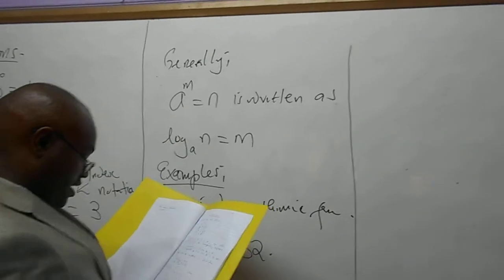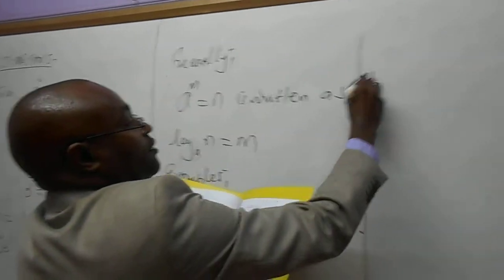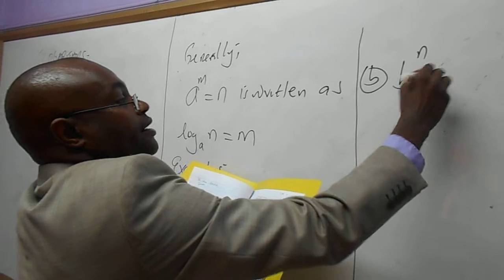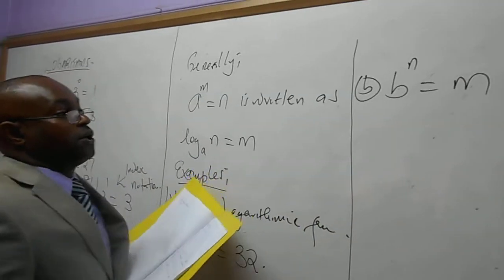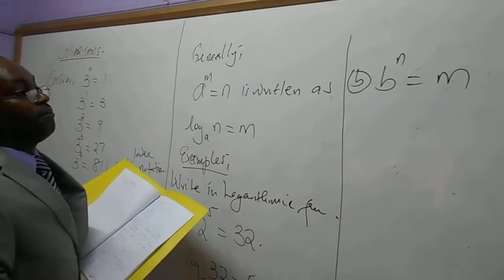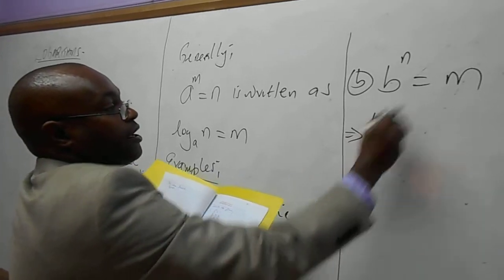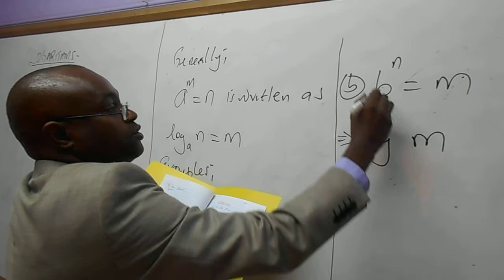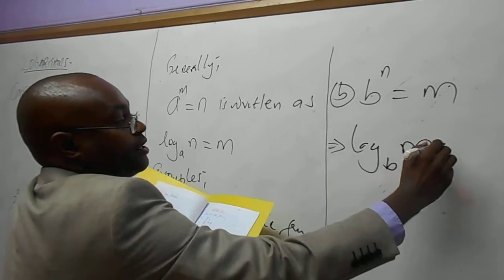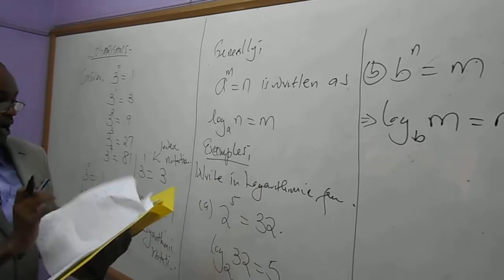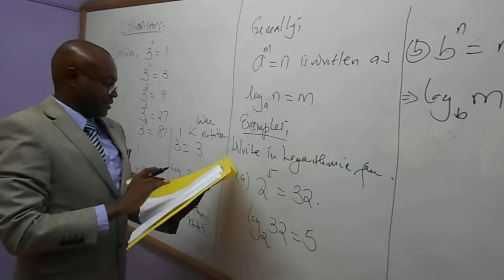You can also be given b raised to n is equal to m, and told to write in logarithmic form. So this is going to be log of m to base b is equal to n. I hope you are getting it right.